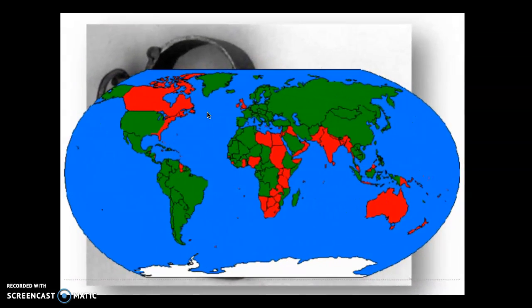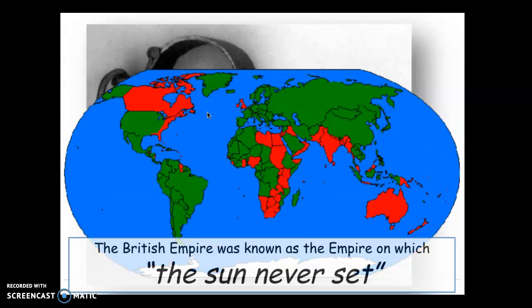Another visual, another map of the world showing the enormity of the British Empire. It was oftentimes said that the British Empire was known as the empire on which the sun never set.